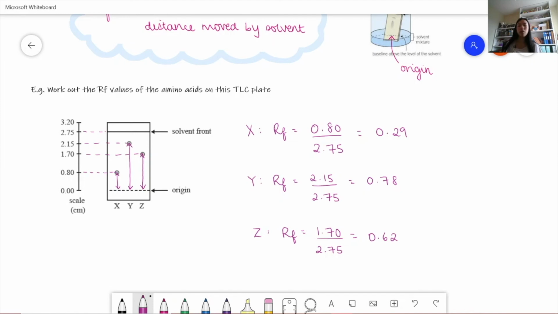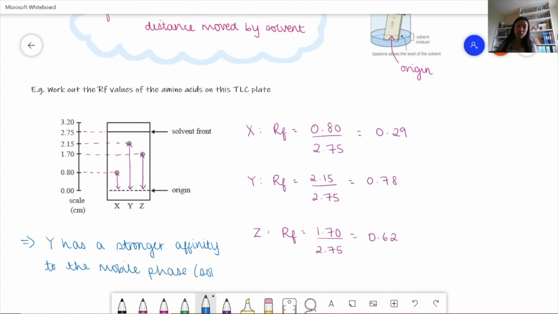So we can see that spot Y has moved further up the plate compared to X and Z. And so we can say that Y has a stronger affinity, so basically a stronger attraction, stronger intermolecular forces to the moving part, so we call it the mobile phase, which is the solvent.